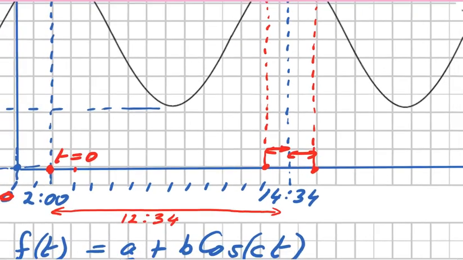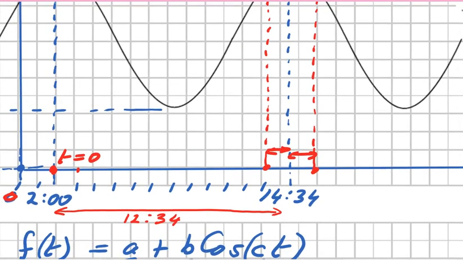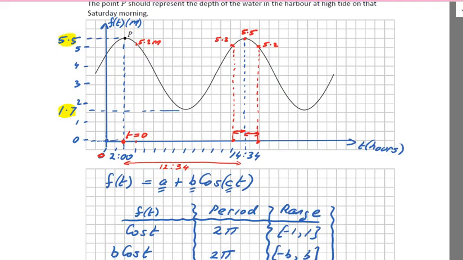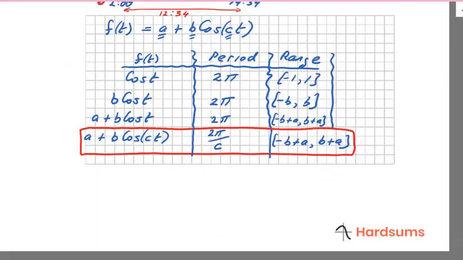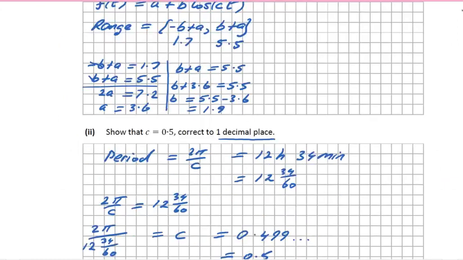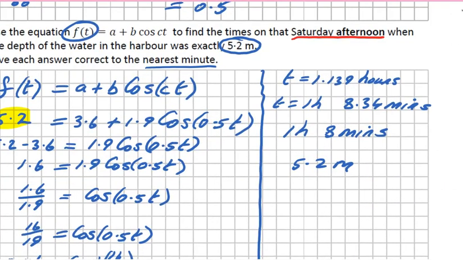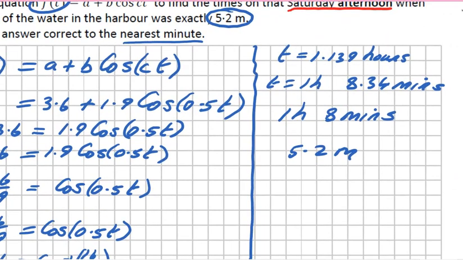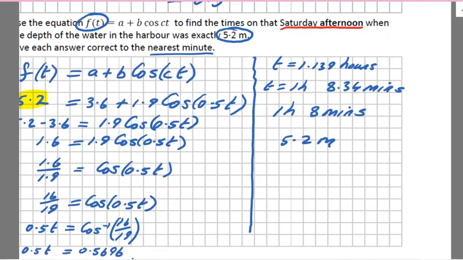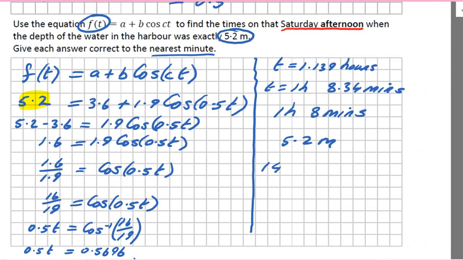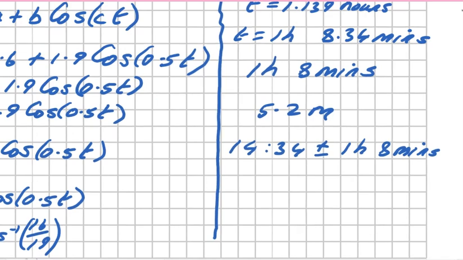So all we've got to do now is add and subtract 1 hour and 8 minutes from 14:34. That's going to give us the two answers we need. So let's do that to finish it off.